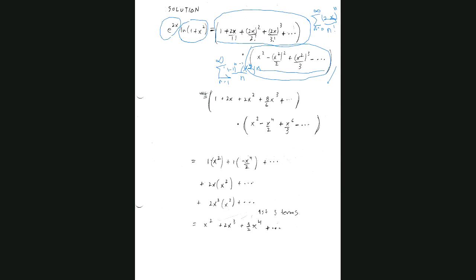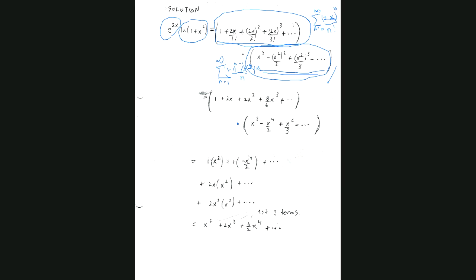So, for instance, you'll notice here I'm writing some terms out. Let me make this a little smaller here. So what I'm doing is simplifying the terms in the first series and the terms in the second series before I do the multiplication. That would make sense.